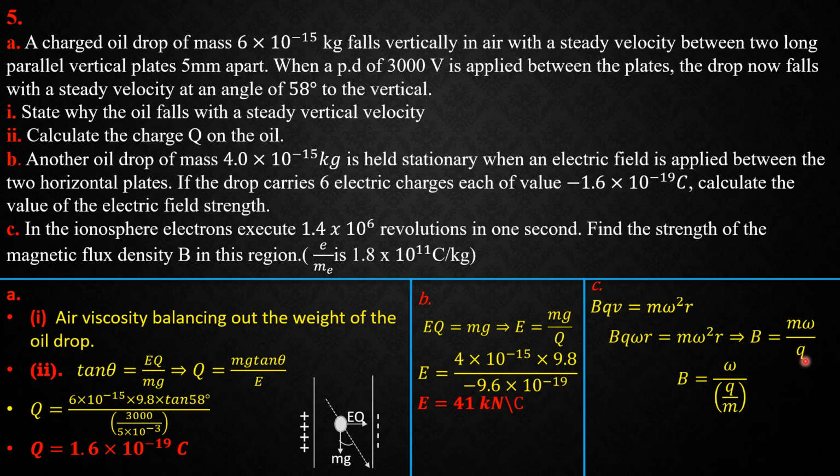We take this m and send it down, so you have omega over q over m. This q over m is already 1.8 times 10 to the 11, and our omega is 2 pi f. So substituting those values, our B is 4.9 times 10 to the negative 5 Tesla.